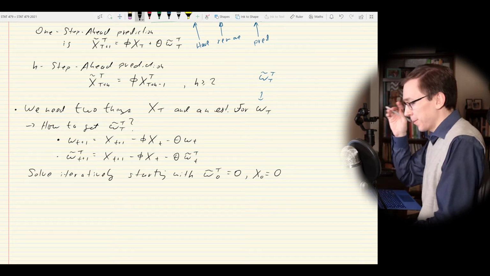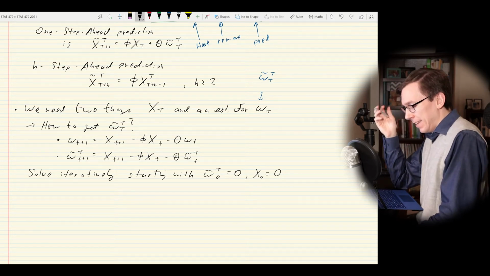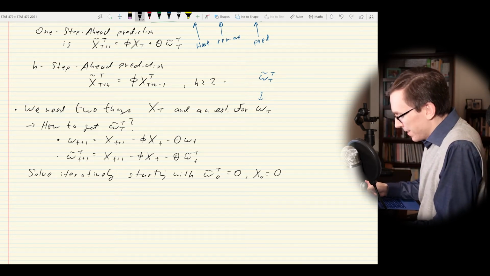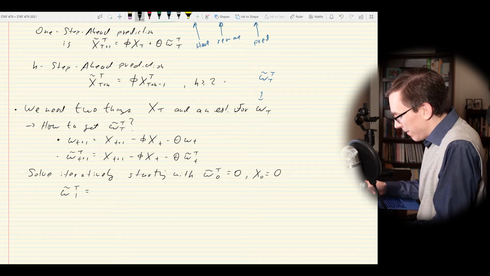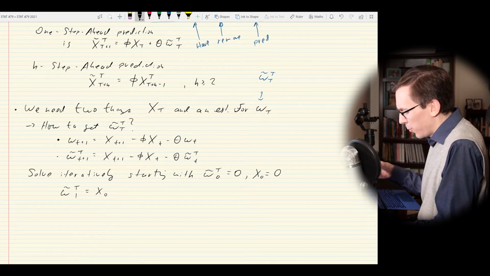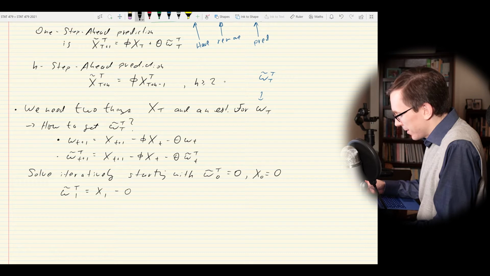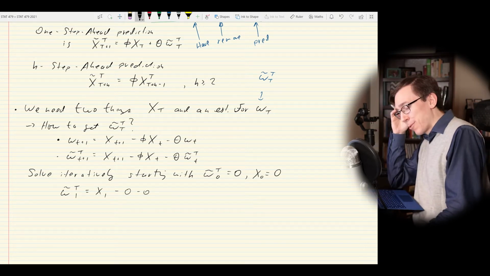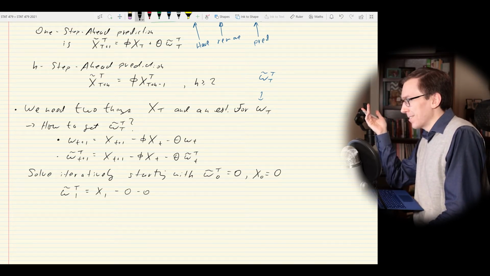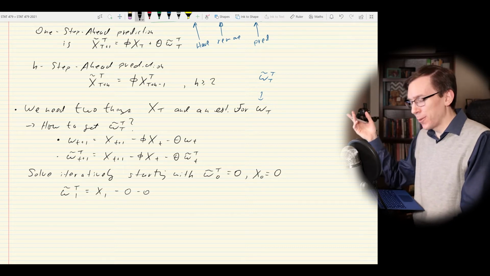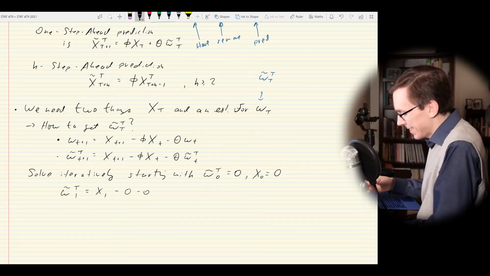If I have that, then w tilde 1 is going to be x1 minus 0 minus 0. Okay, so that's kind of boring, but we're done, right? We know that the first white noise piece is just the first observation.